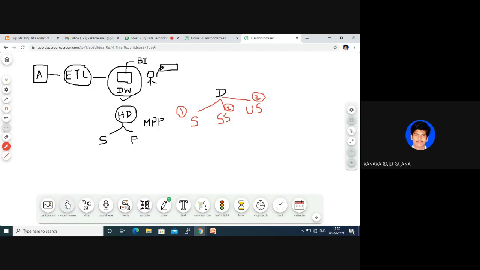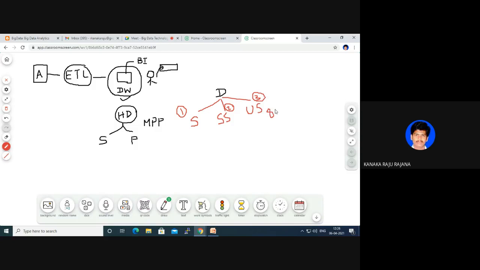Like this, we have different kinds of data, and all of it may be structured, unstructured, or semi-structured, which we don't know. But the fundamental point is that end users usually prefer data which is unstructured.